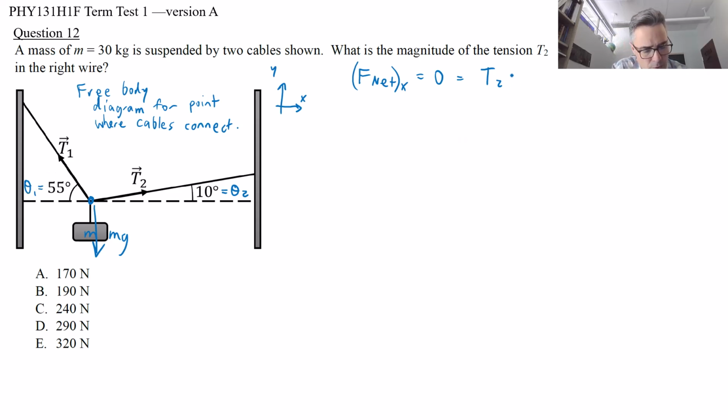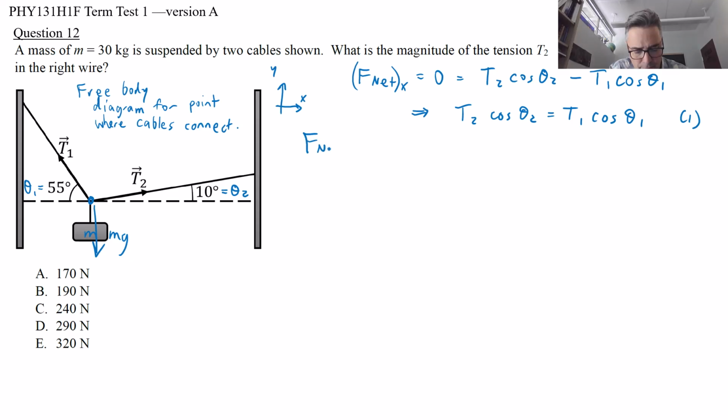So T2 cosine theta 2 minus T1 cosine theta 1 equals 0, which means T2 cosine theta 2 equals T1 cosine theta 1. We'll call that equation 1.